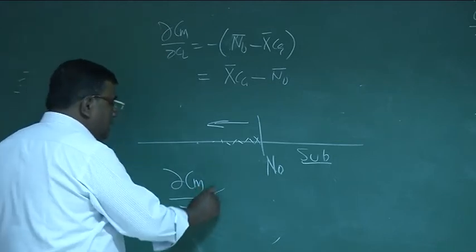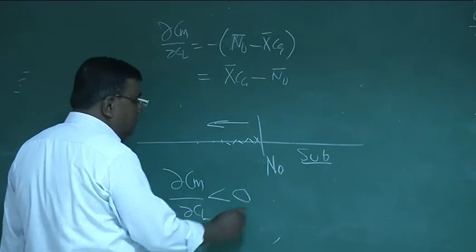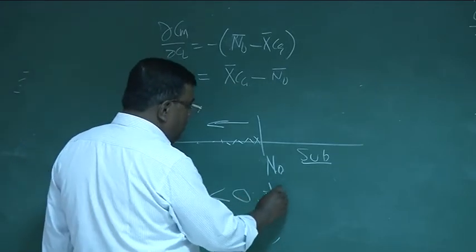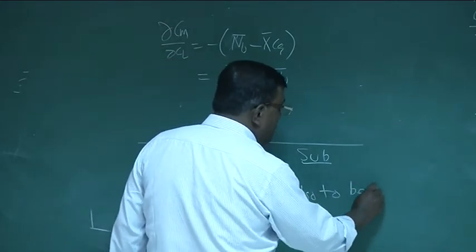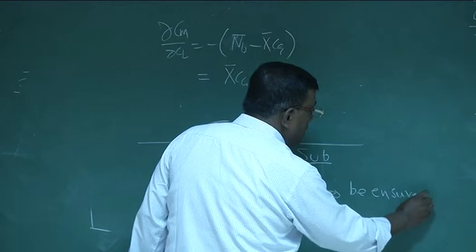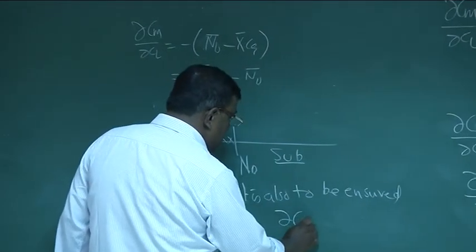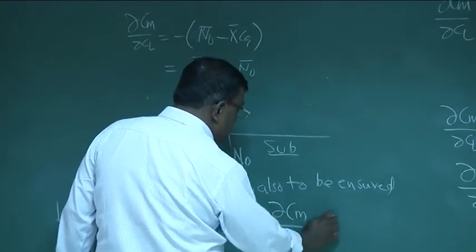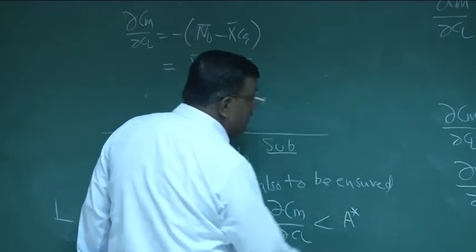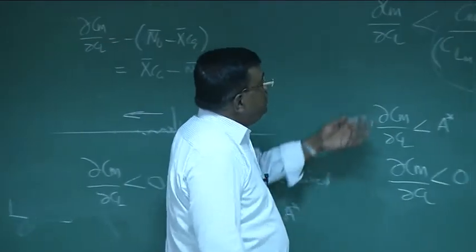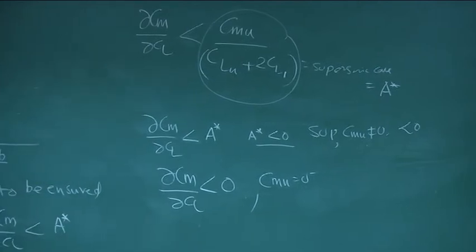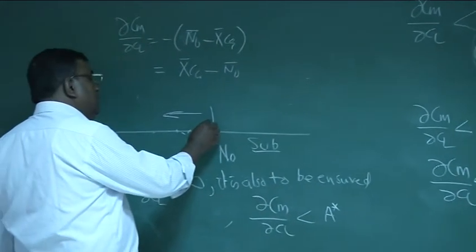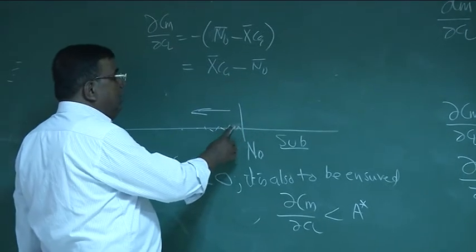It says it is not just less than 0. It is also to be ensured that dCm/dCl is less than A star, where A star is negative, which is given by CMU/CLU plus 2CL1.